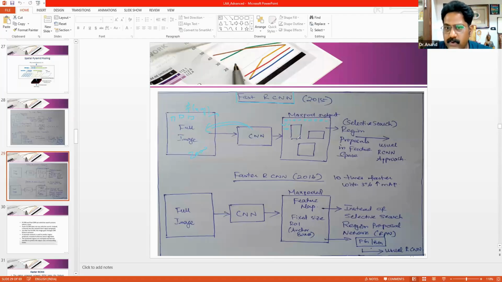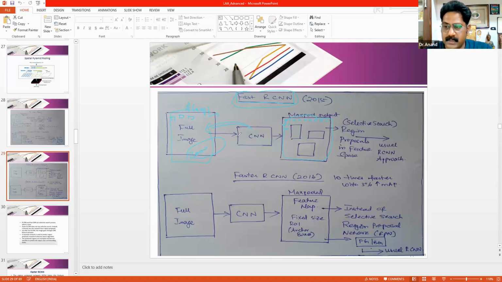You have very few non-zero elements in the form of features. So the algorithm is going to work faster and propose relatively fewer regions, a few hundred instead of thousands, because many regions are zero backgrounds. Ultimately it is the same idea. The only difference is that instead of doing the region proposal on the raw image, it does the region proposal in the feature map. That is the major difference in fast RCNN.